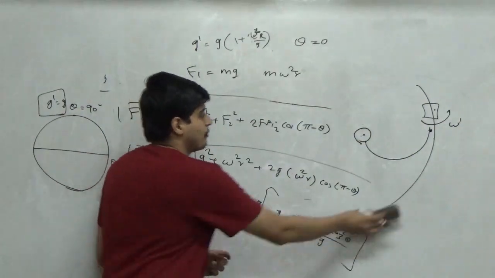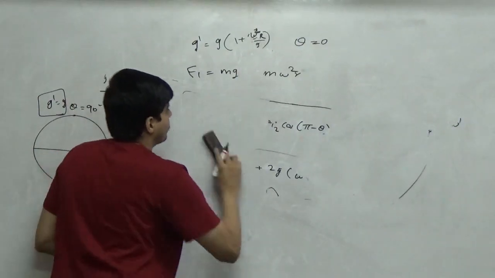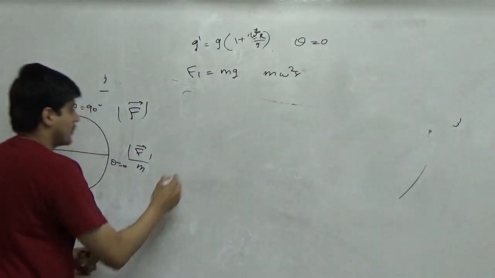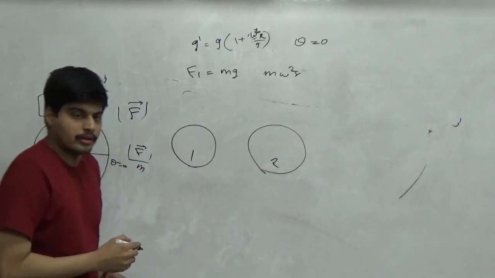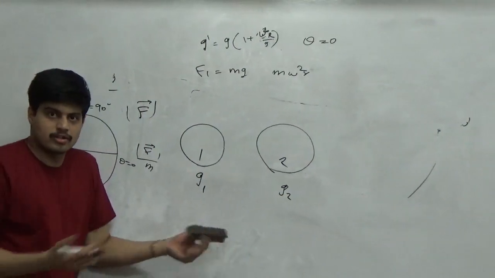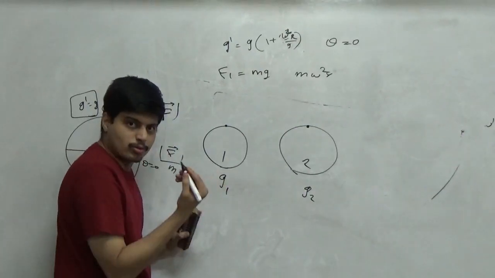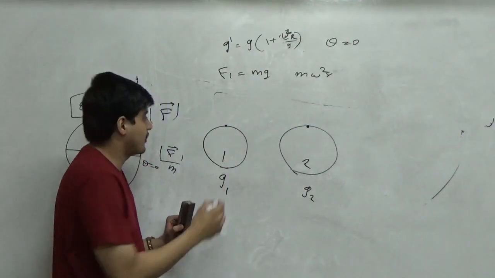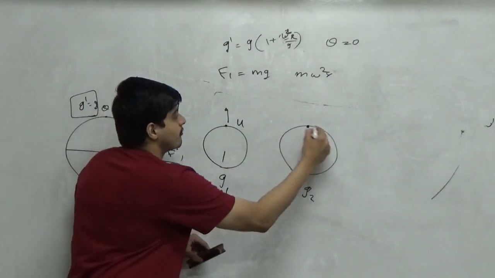Let's take a very simple, very fundamental question which was asked in one of the GATE exams. It was asked that there are two planets, planet 1 and planet 2, which have constant accelerations g1 and g2. In both cases, one person who was crazy enough actually went on the surface of it and threw a stone upward with initial velocity u.